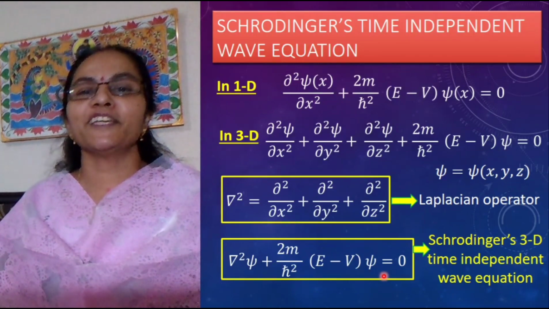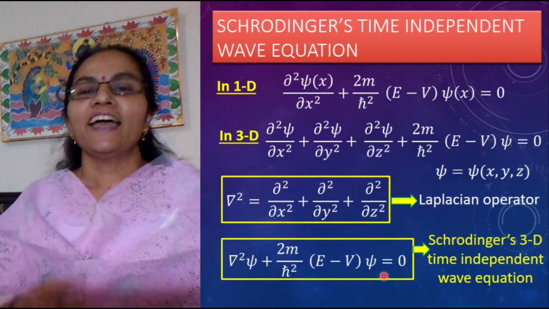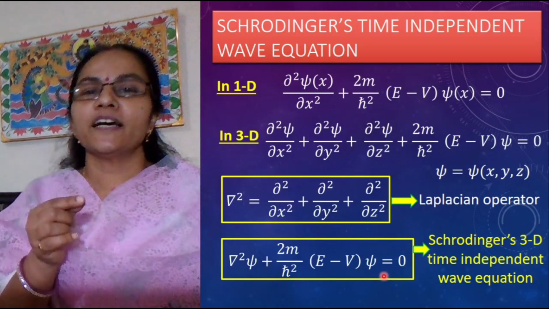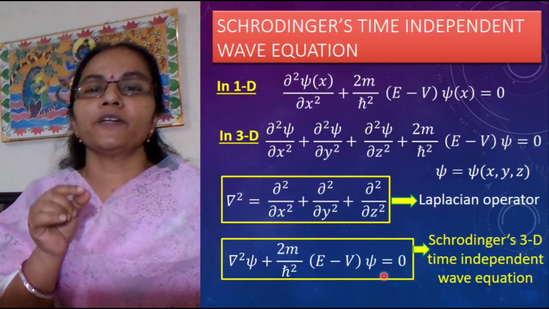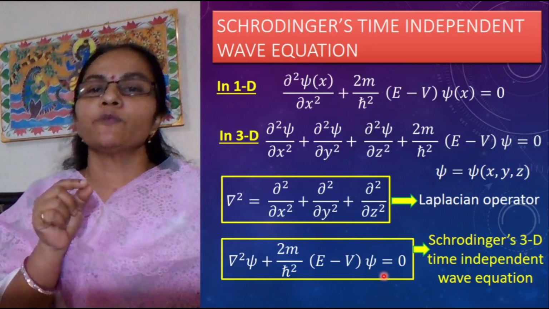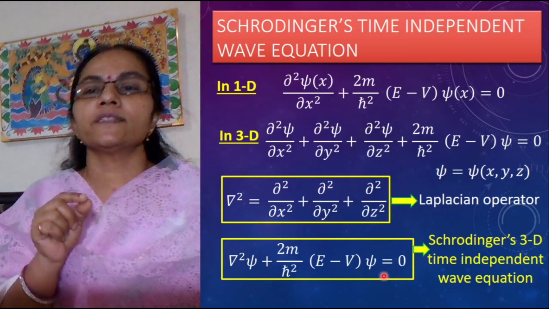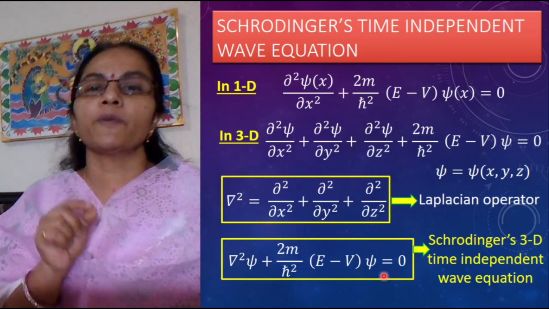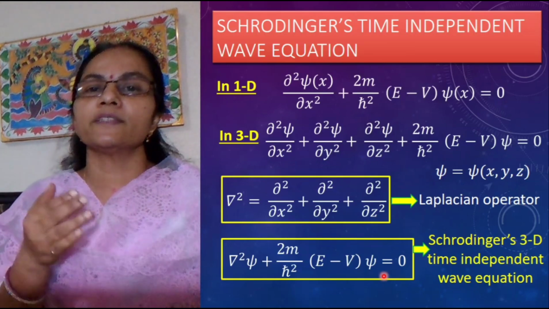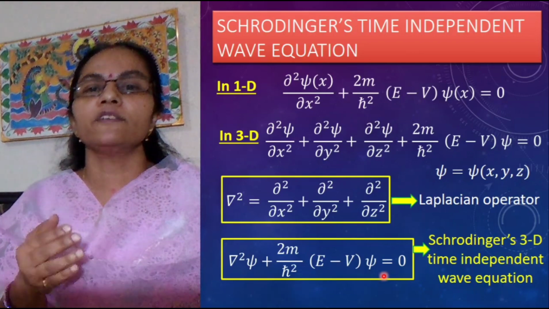Hope you enjoyed the derivation of this equation, and as I told, this is a very important concept and you get this question very frequently in the JNTU exam. So go through this concept very carefully and clearly, because there is nothing to worry about in this derivation.